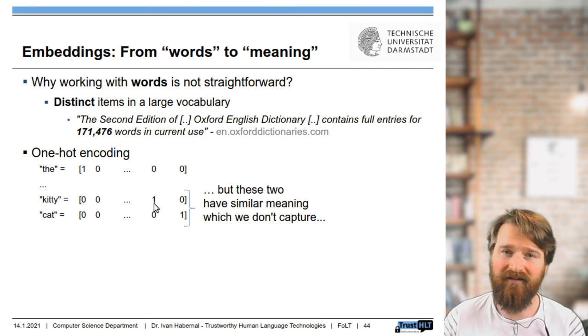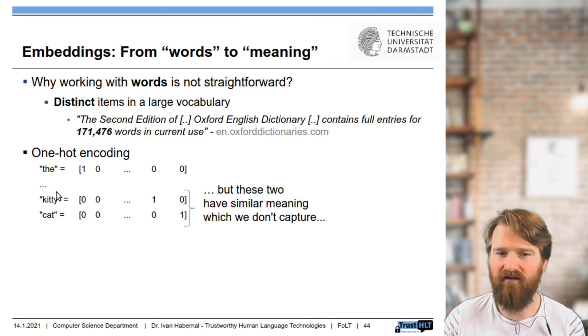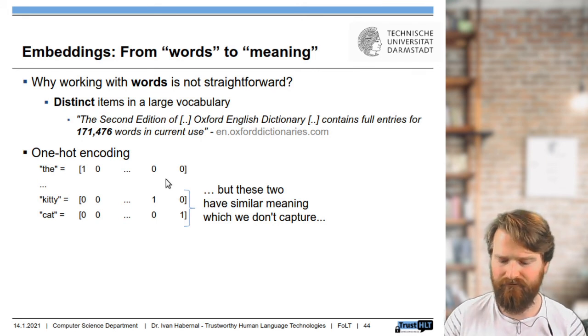They are different items in the vocabulary, and we don't capture anything about their relevance to each other. They are different words with different vectors, and maybe they're as different as kitty and "the". There's no notion of neighborhood.